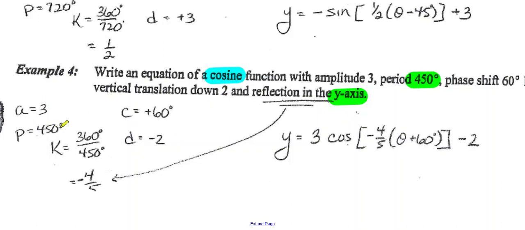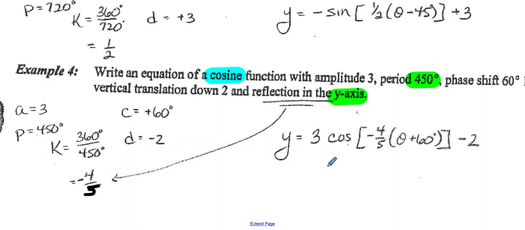Period is 450 degrees, an odd number to use, but it does the trick. 360 divided by 450 ends up being 4 over 5. I've got negative 4 over 5 because you have the reflection in the y-axis, so that makes it a negative value. Phase shift 60 degrees left, so again you've got that positive. Vertical translation down 2, so it's negative 2.